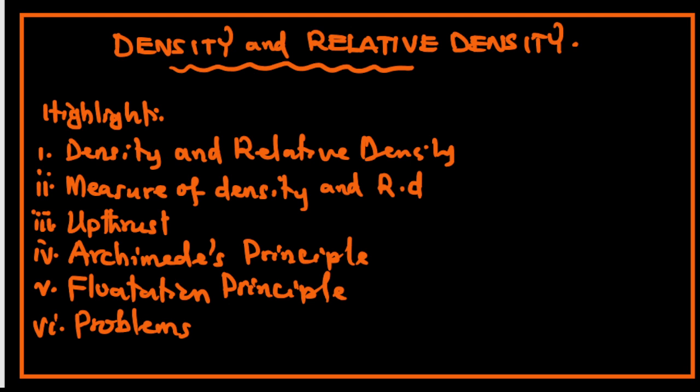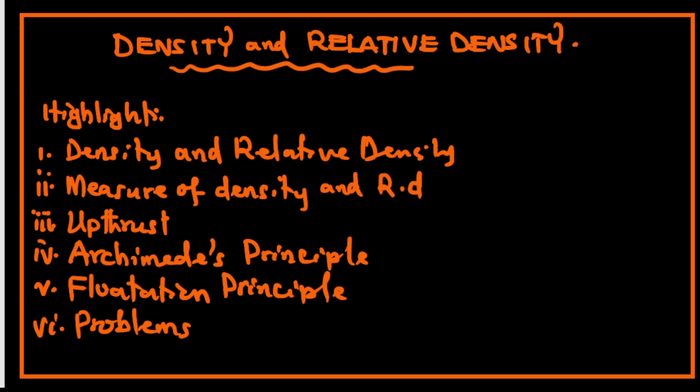Mass over volume. Then we have relative density, which happens to be the ratio of the density of a substance to the density of another substance, meaning we compare one density to another. But water happens to be a universal solvent, so it is commonsensical to take water as a reference standard.